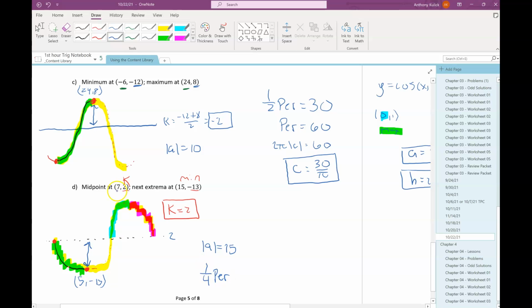And again, the period is the horizontal distance. So you're just looking at the distance between 7 and 15, which is just 8, right? Okay with that? So then I'll multiply both sides by 4 to get the period by itself.